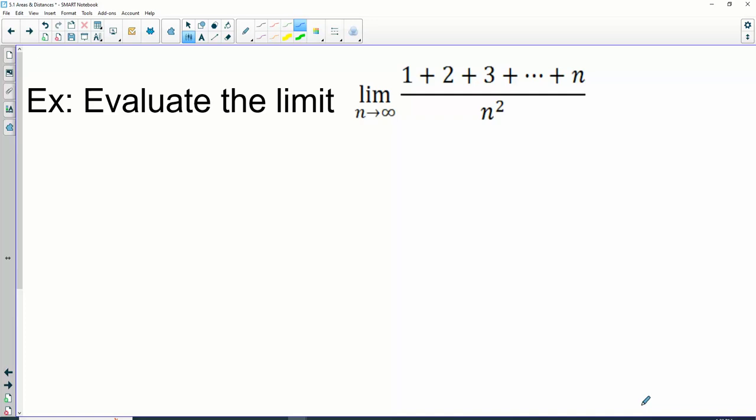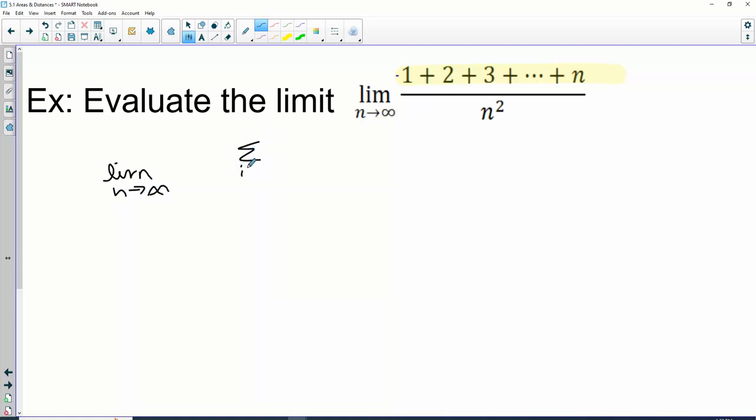If I asked you to evaluate this limit, the numerator, I am adding up 1 plus 2 plus 3 all the way to 10, or to n, excuse me. So I could rewrite that using a sum.